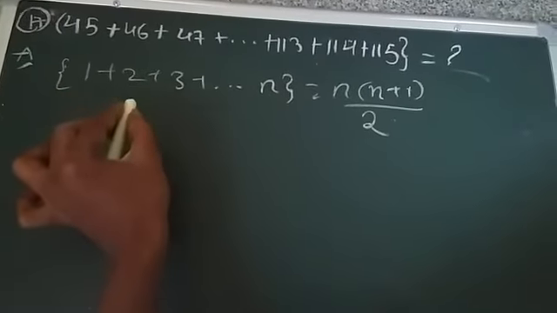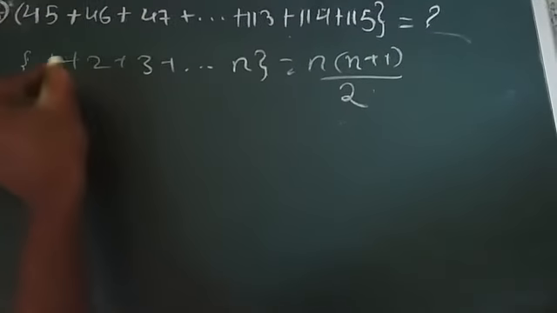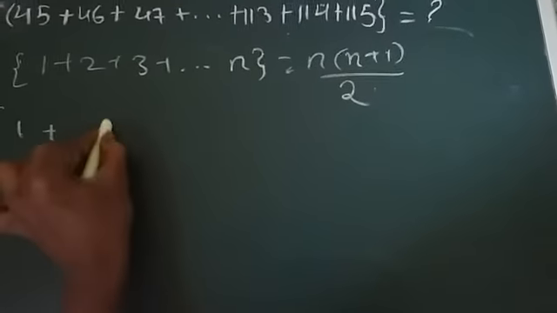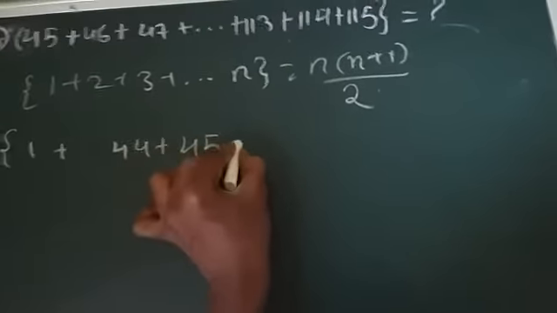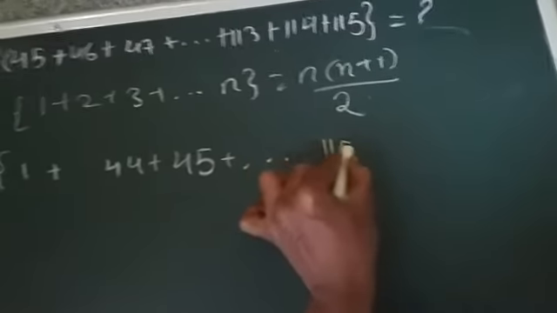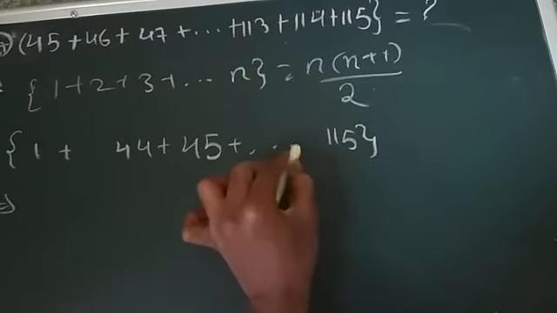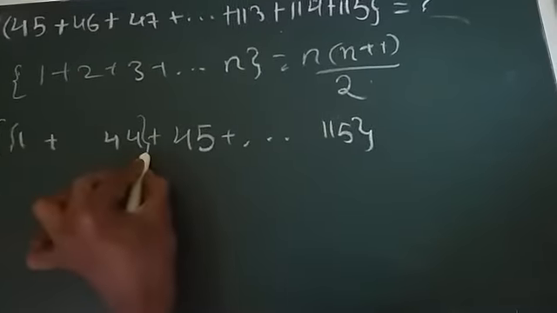But here the sequence is starting from 45, not from 1. So you don't need 1 to 44, right? You have to calculate the addition result from 45 to 115. So first consider the total result, and from that you subtract the remaining terms from 1 to 44.